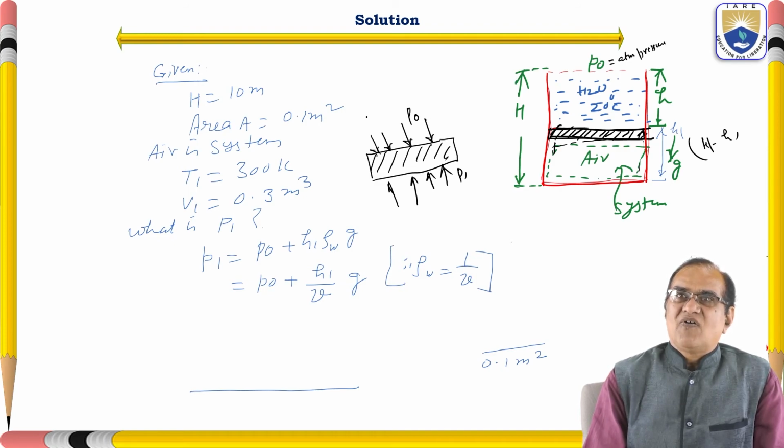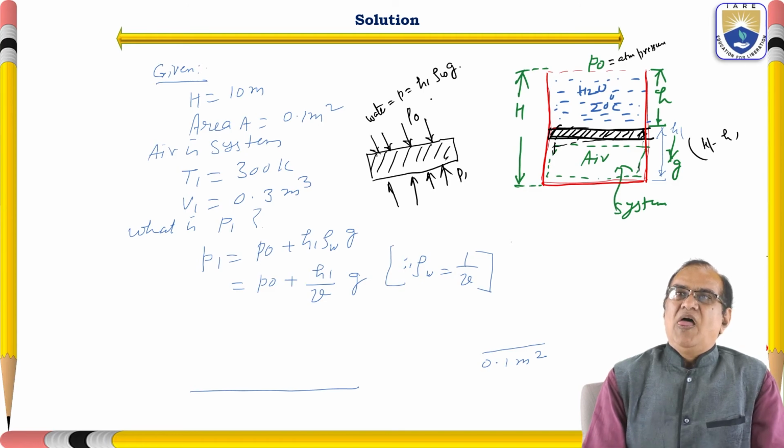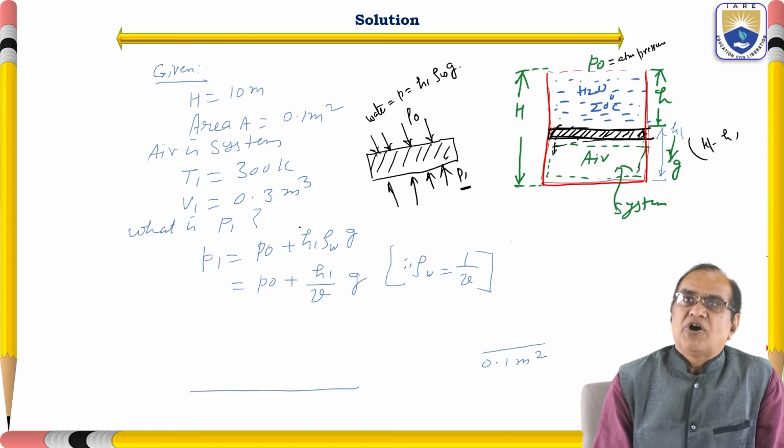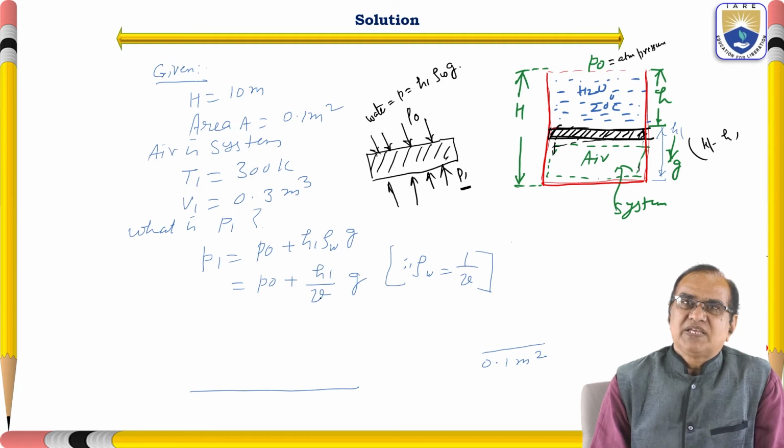Water pressure is H1 rho W into G. So P1 is equal to P naught plus rho W into G into H1. Because rho is equal to 1 by v, the specific volume, P1 is equal to P naught plus H1 g by v.